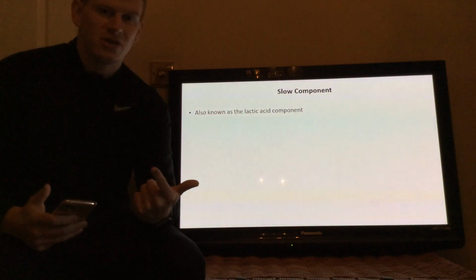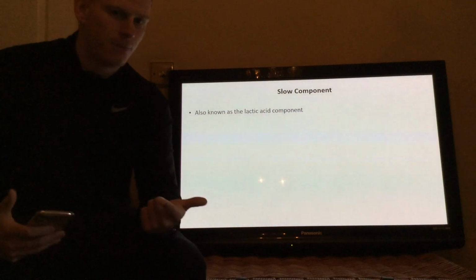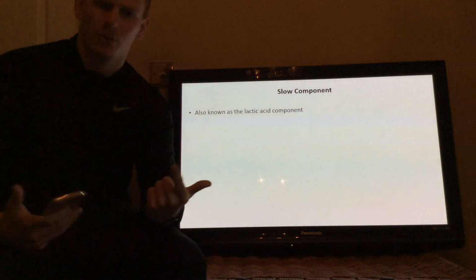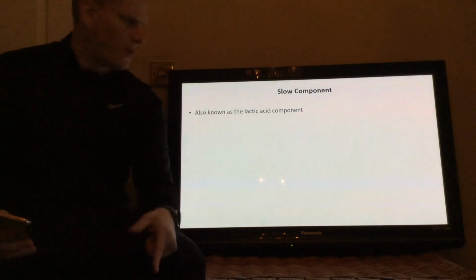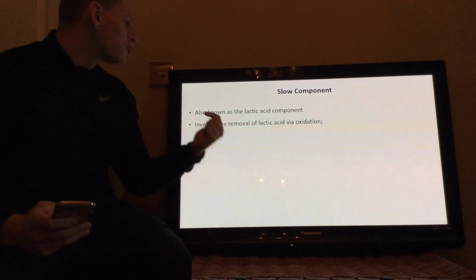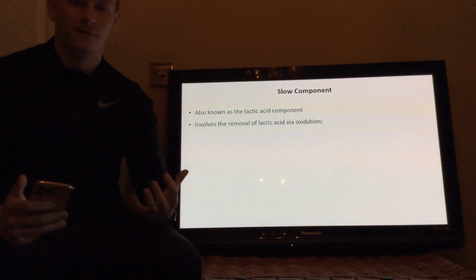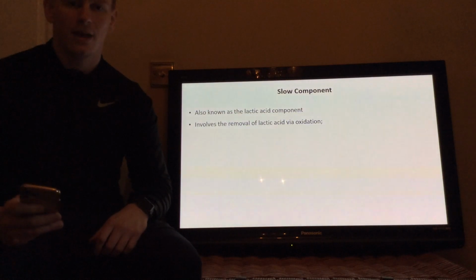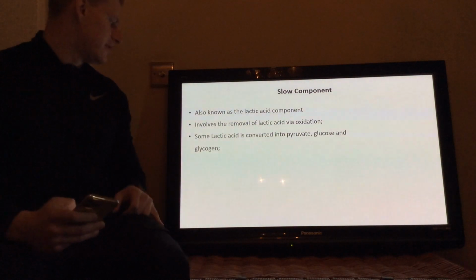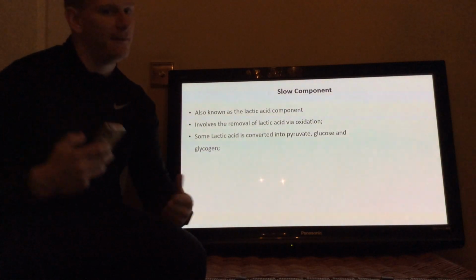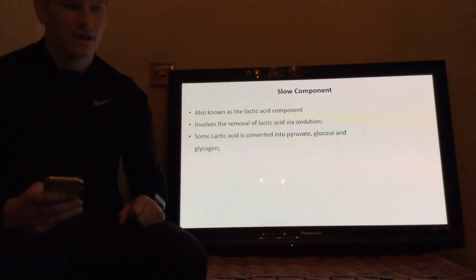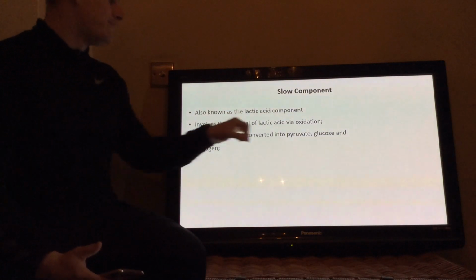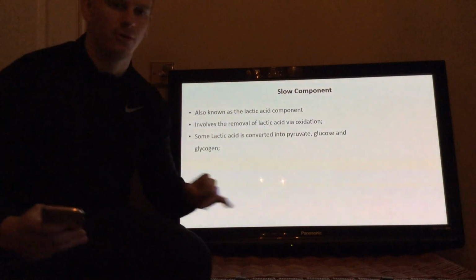If you can't remember which is which, the lactic acid component is the one that concerns itself with doing stuff with lactic acid. So, some of it will get removed via oxidation, okay? Some of it will be transported back to the liver for the Cori cycle to take place, whereby it can get converted back into pyruvate, glycogen and glucose.